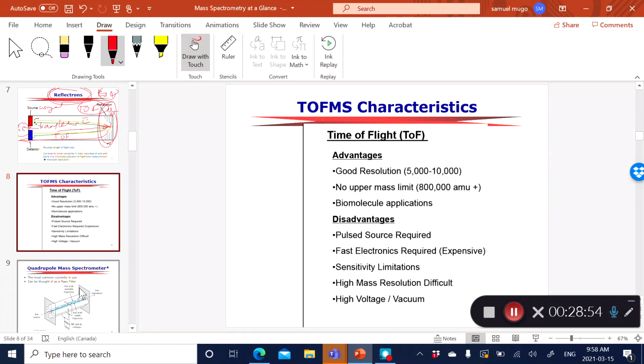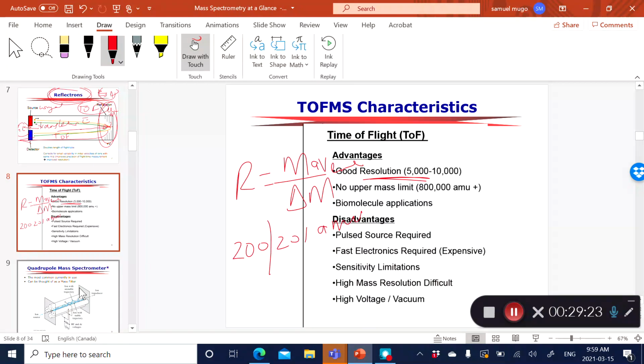Now, there are many advantages of time of flight, such as very high resolution. And by the way, what I mean by resolution is calculated as m divided by delta m. Meaning, if I've got two ions, maybe 200 and 201 atomic mass units, can I separate them?